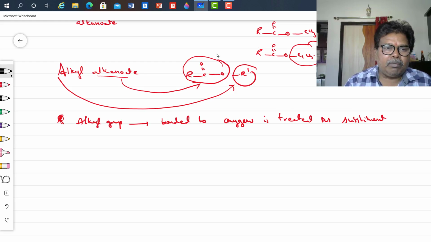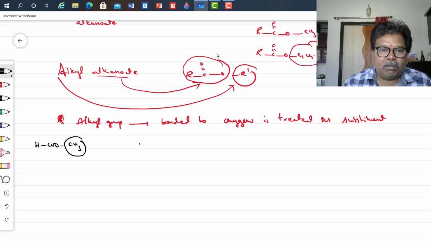Now see, for example, HCOOCH3. This is the methyl group bonded to oxygen. Therefore this is called methyl methanoate. Only one carbon is there. So meth, ane, oate: methyl methanoate.